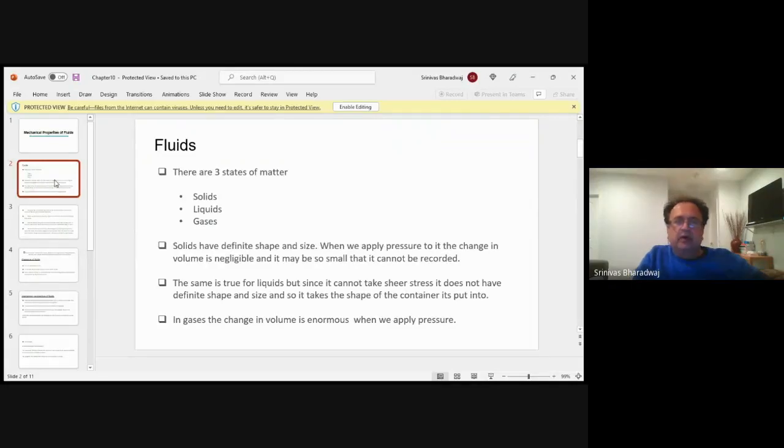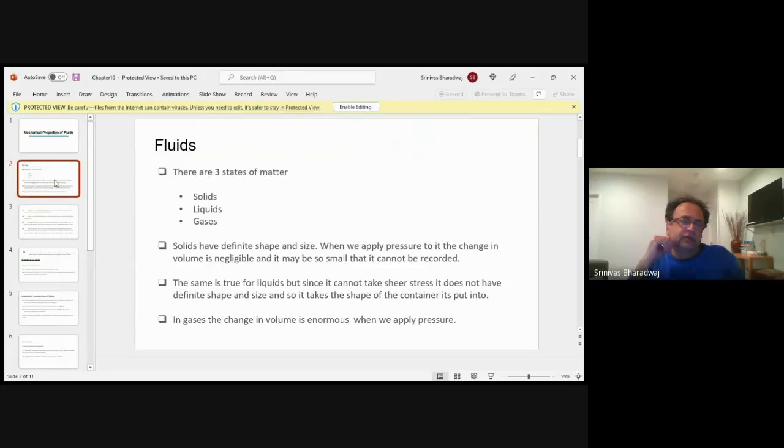Now when it comes to fluids, for instance liquids, what happens to solids? You have heard of Young's modulus, etc. There you can put stress. If you stretch it, then there is some movement. Otherwise, its shape stays rigid.